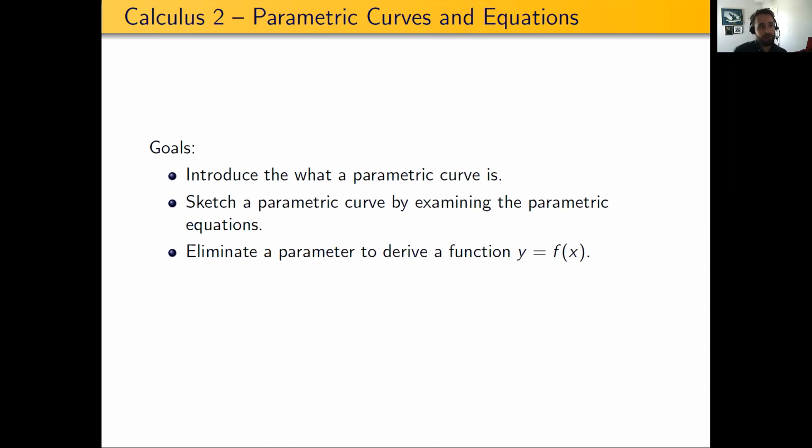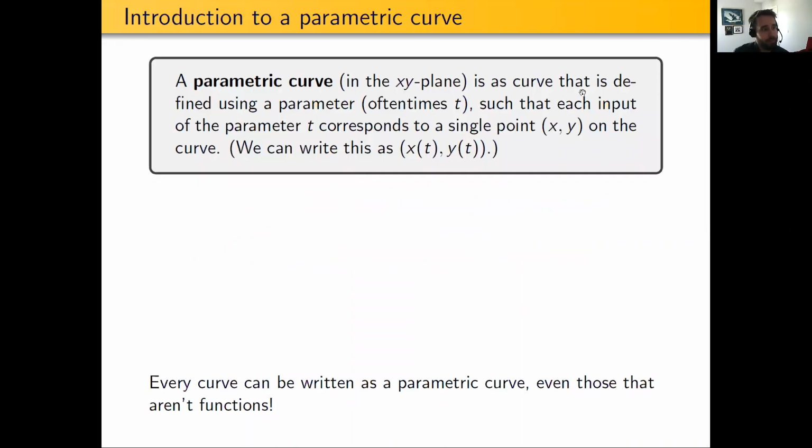In this video, our goal is simply to introduce what a parametric curve is. Okay, and so here is the formal definition. A parametric curve, and for us this will be a parametric curve in the xy plane, is a curve that is defined using a parameter. Oftentimes we'll use t as our parameter, such that each input point in the parameter t corresponds to a single point x comma y on the curve, right?